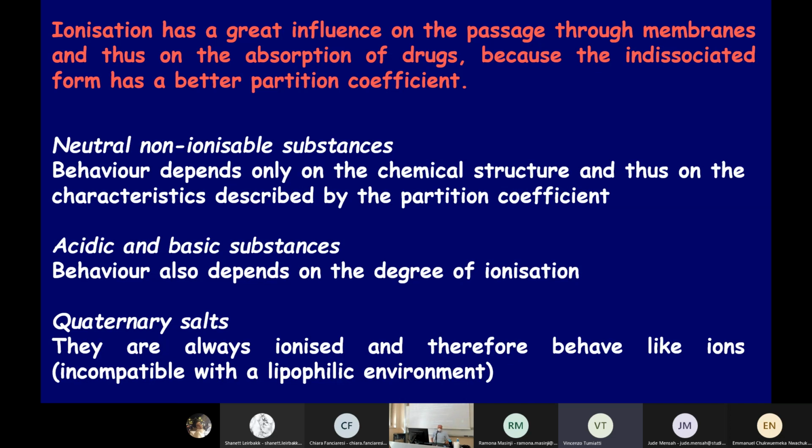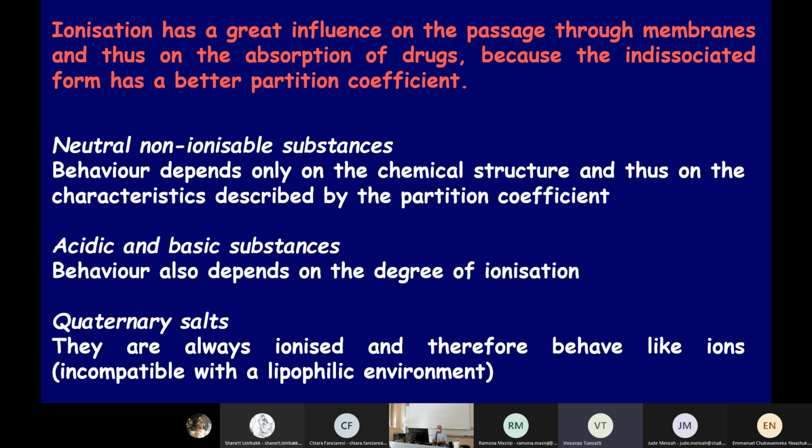There are several drugs characterized by ionizable groups, acidic groups, basic groups, alkaloids. And so these drugs can be present in different forms in the physiological media.